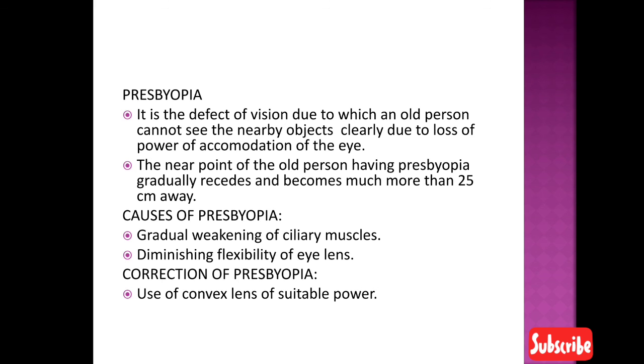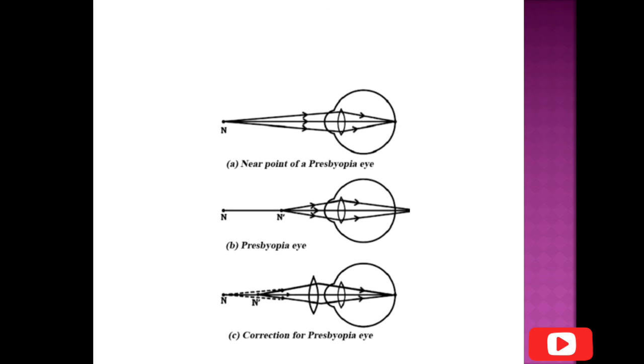In a person suffering from presbyopia, there is gradual weakening of the ciliary muscles, meaning the ciliary muscles become weak, and diminishing flexibility of the eye lens. So the flexibility of the lens also diminishes, and this presbyopia can be corrected by the use of a convex lens of suitable power. You can see here in the diagram how the image is formed in a person suffering from presbyopia, and how it is formed after using the convex lens.